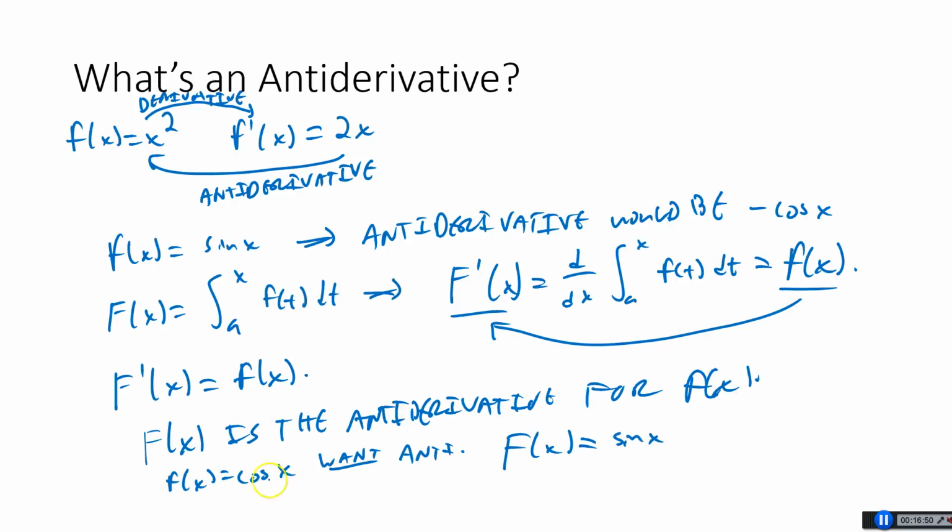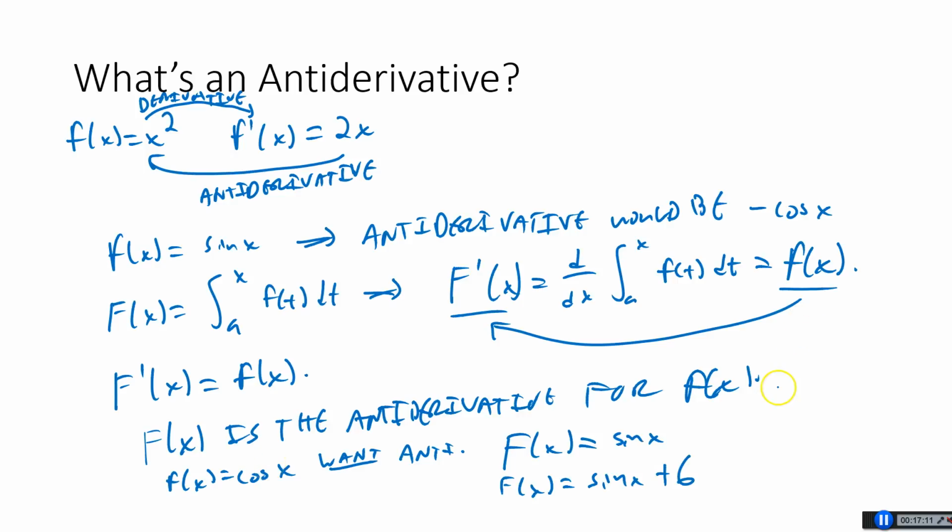Because the derivative of sine x is cosine x. Now, tell me if this would work. What if I did sine of x plus 6? Is that also an antiderivative for cosine x? I think so, because the plus 6 just disappears when you take the derivative, so you get cosine.